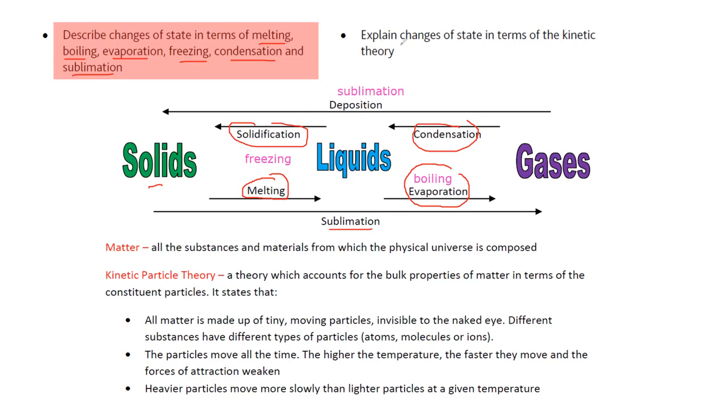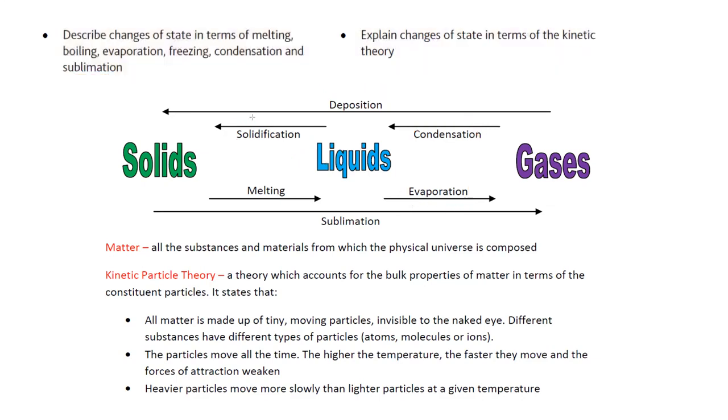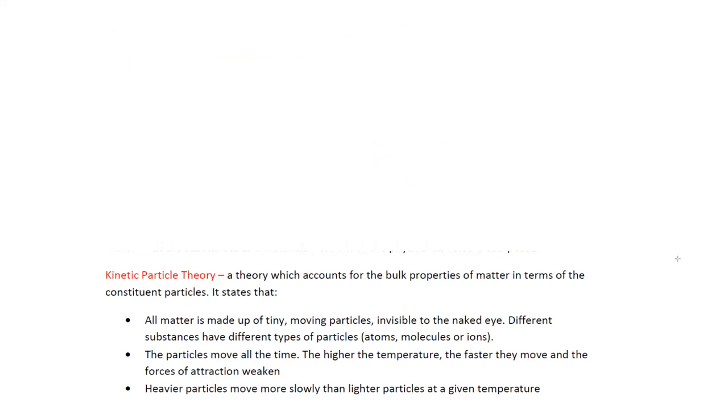Then you should be able to explain the changes of state in matter in terms of kinetic theory. What is kinetic theory? There are some points related to kinetic theory. So the kinetic theory explains the idea about matter and the states of matter. It states that all matter is made up of tiny moving particles invisible to the naked eye.